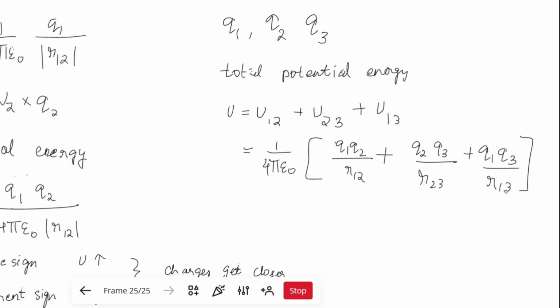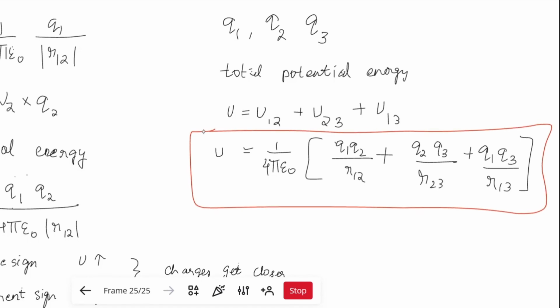As you can see, we add up the potential energy between each pair of charges, taking into account their distances. The same method can be extended to any number of charges in a system. So this is for 3 point charges.